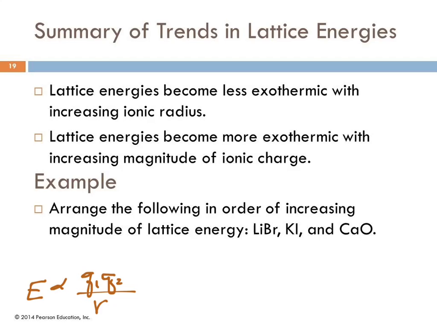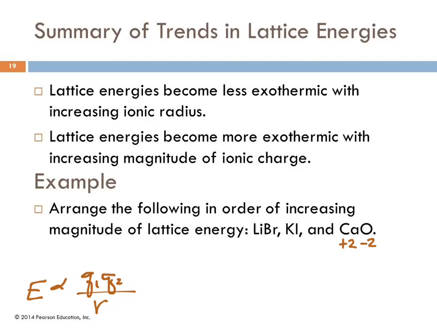So, an example: arrange the following in order of increasing magnitude of lattice energy. We've got lithium bromide, potassium iodide, and calcium oxide. So we want to find the one with the smallest lattice energy first, and then go to larger lattice energy. Well, what are the differences in these? Are there charge differences? Calcium and oxygen is a +2, -2 situation.